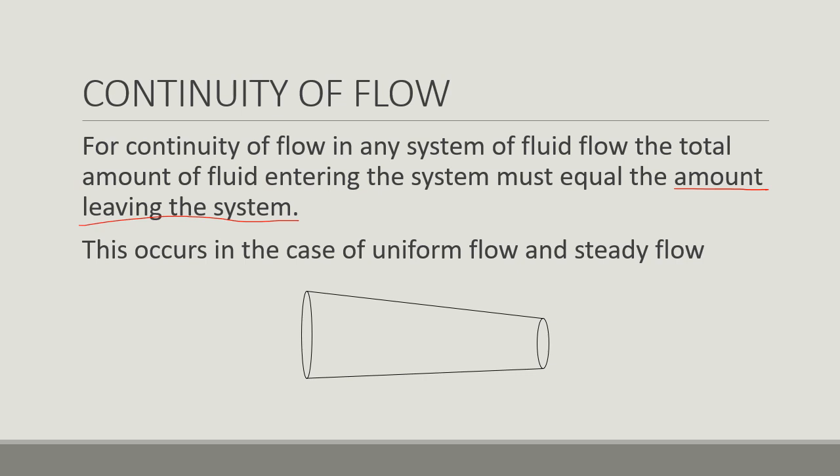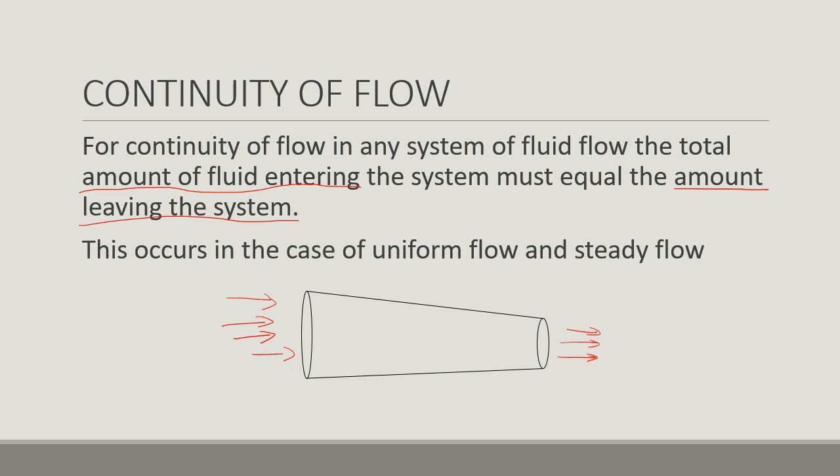Take a look at the diagram I have below. According to the definition above, for continuity of flow to exist, the total amount of fluid entering the system here must be equal to the total amount of fluid leaving the system.